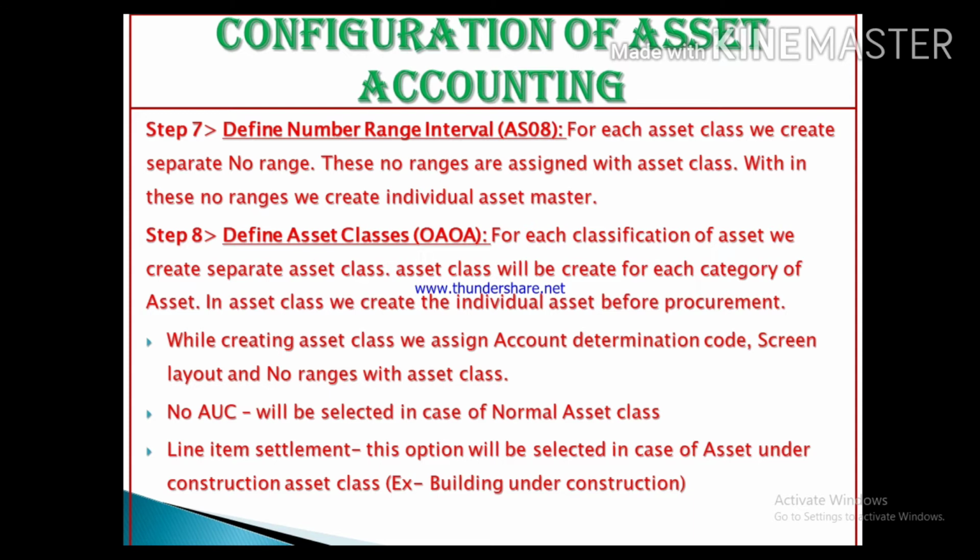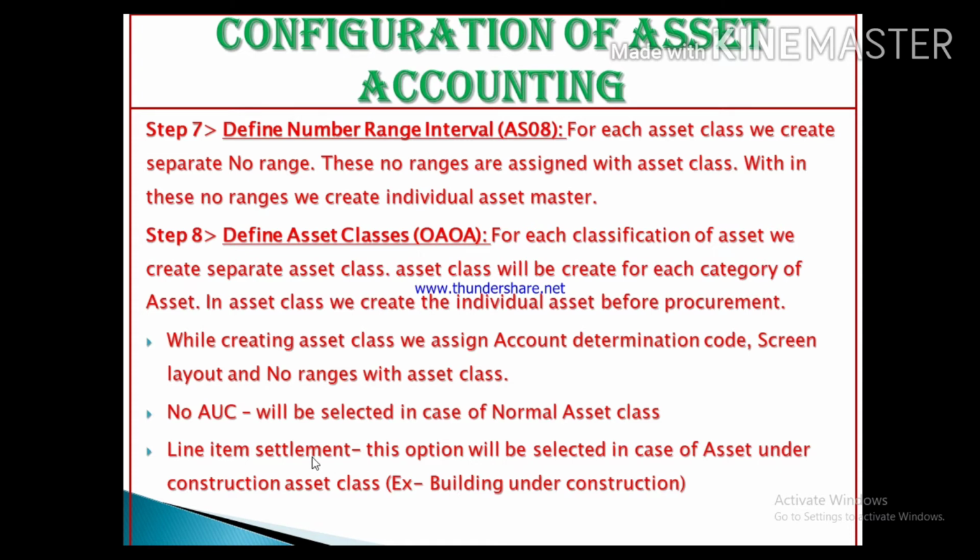For example, building. So in these types of assets, we will select line item statement. The no AUC option will be selected in case of normal assets, and line item statement will be selected in case of an asset which is under construction.